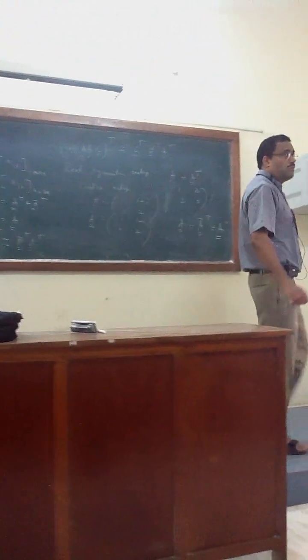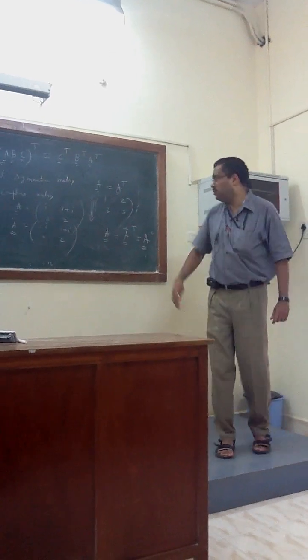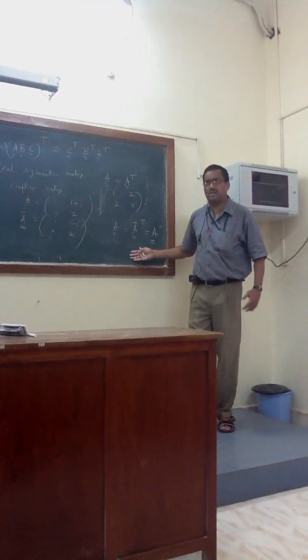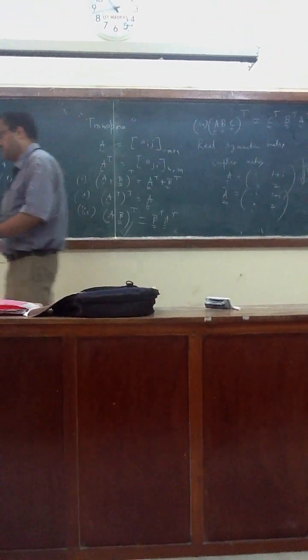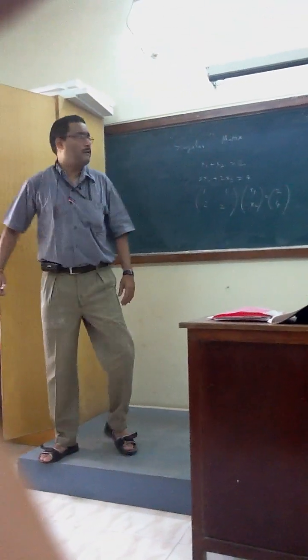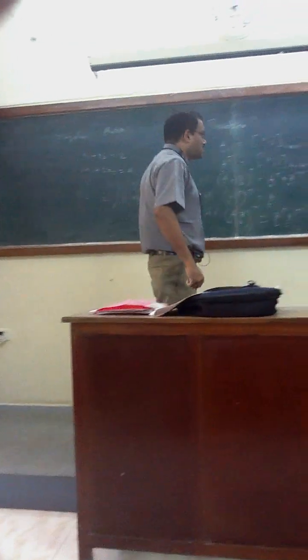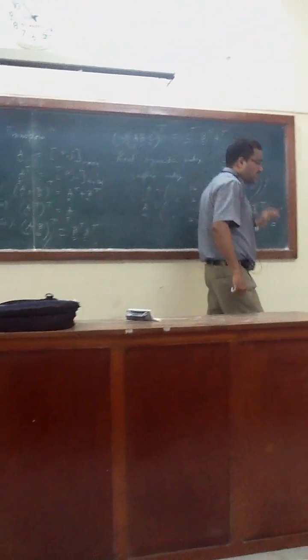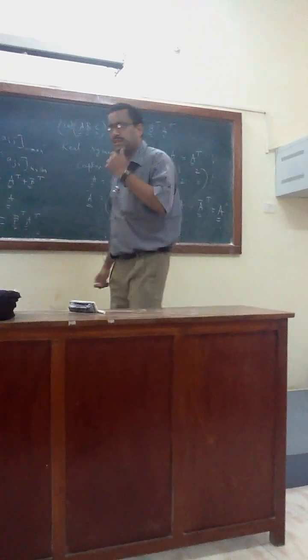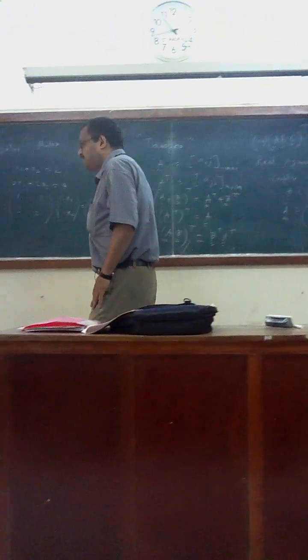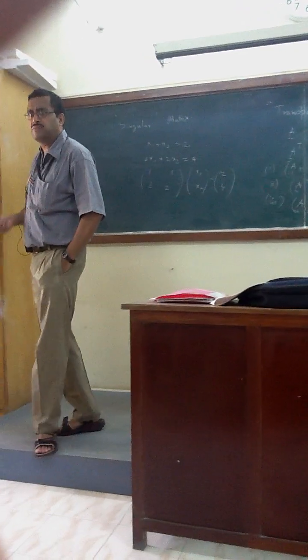You could have taken A equals A transpose here also. Nothing is wrong with it. Why are you taking A equals A bar transpose and saying that if it is equal, then it is called Hermitian? Why do you take the complex conjugate? There could be some justification.